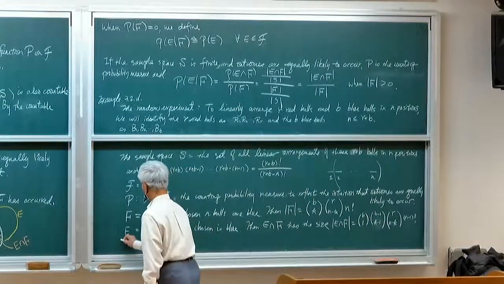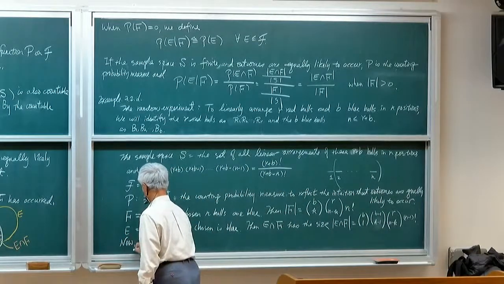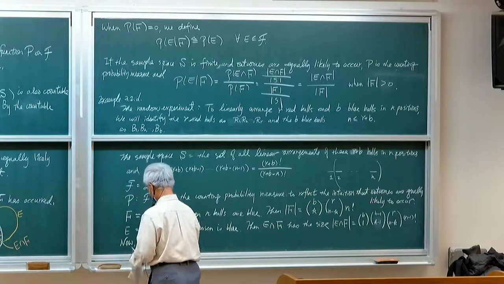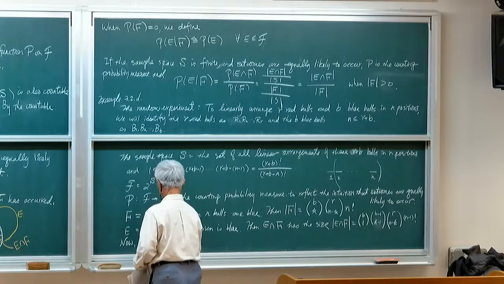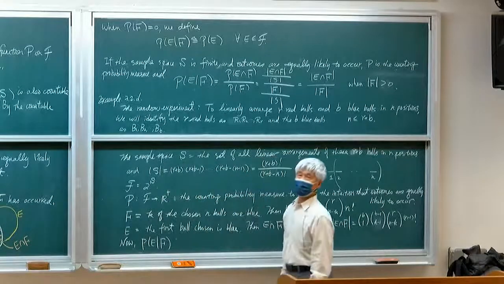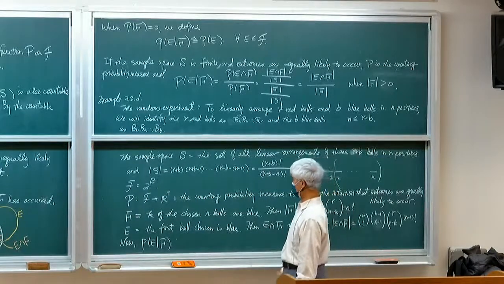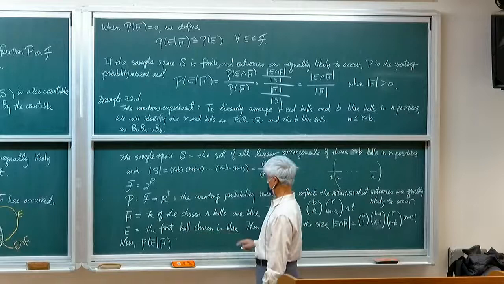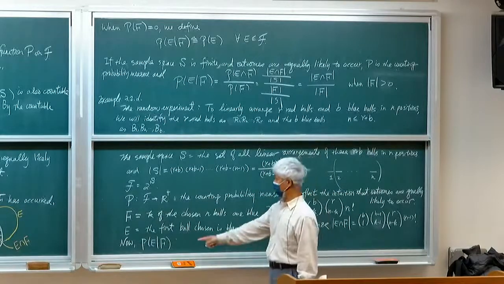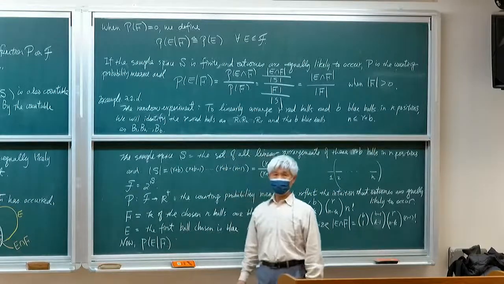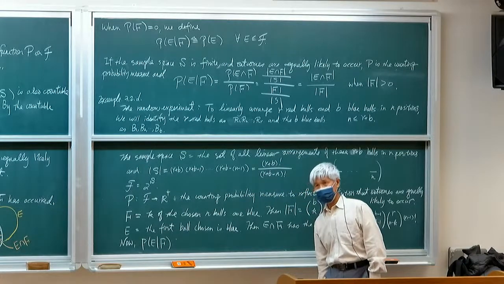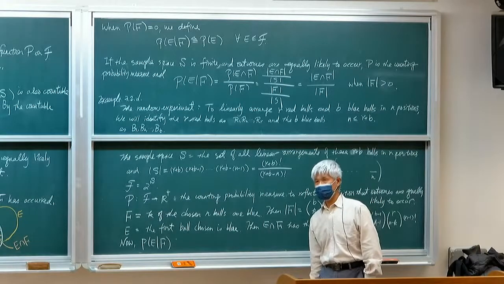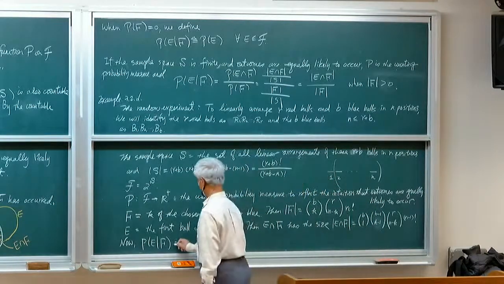Okay, so now the probability, the conditional probability that the first ball chosen is blue, given that there are exactly K blue balls in the linear arrangement. Okay.